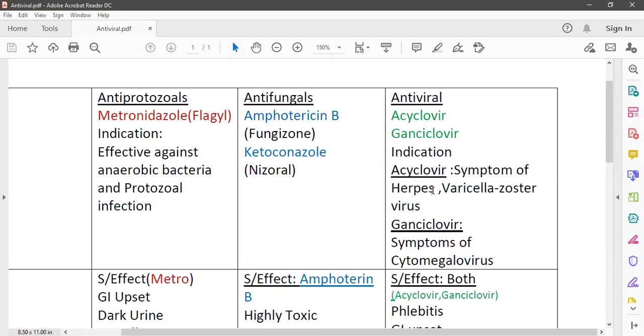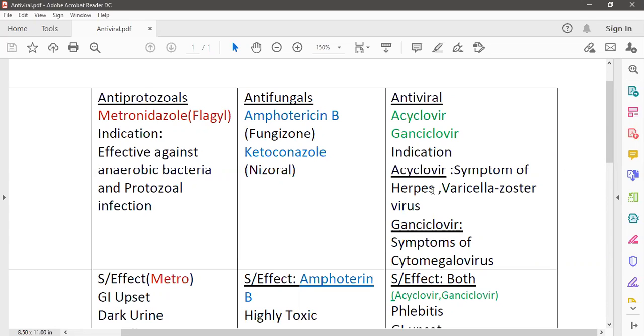Another antiviral is called AZT, or zidovudine. Zidovudine is good against HIV patients. Zidovudine is taken on an empty stomach. And after giving this antiviral medication, it is good to check a complete blood count because sometimes the patient develops anemia.